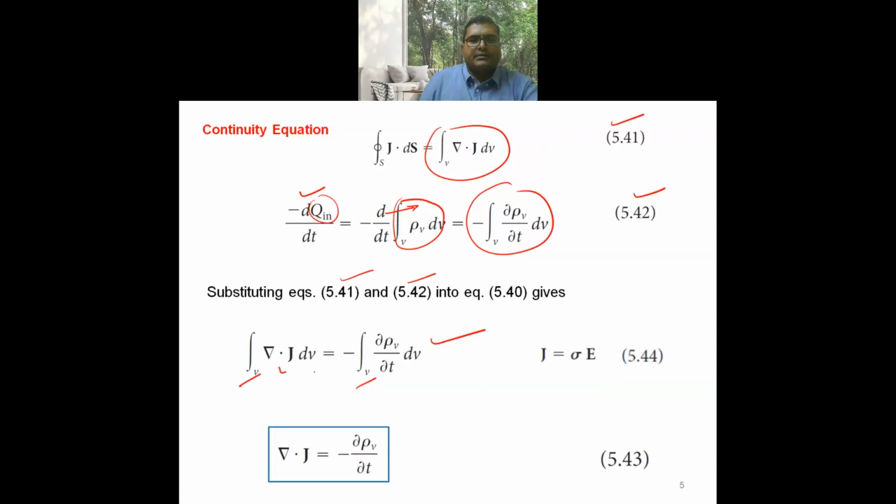You can separate the terms, del dot J is equal to minus dou rho v by dou t, and it is called the continuity equation, where J is equal to sigma into E, the electric field, and it is called the point form of Ohm's law.